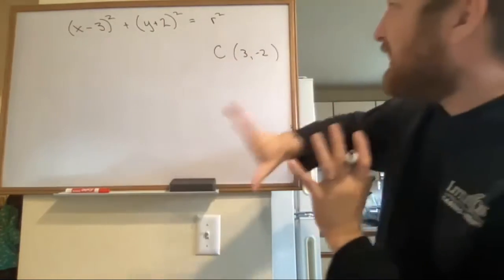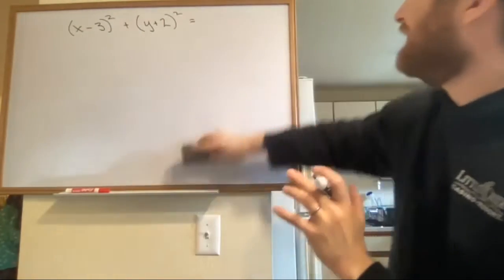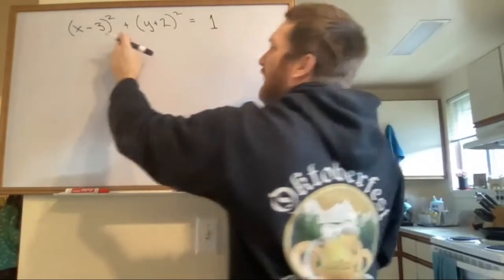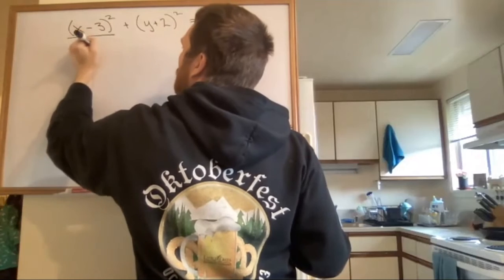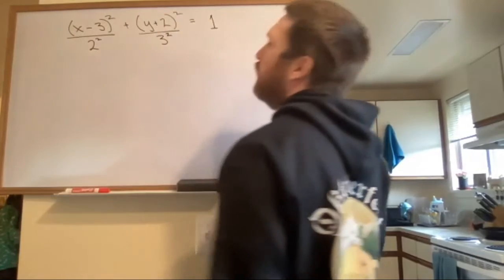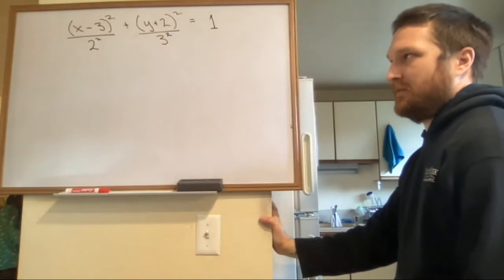And so the same thing is true here when we have an ellipse. The difference is this is always equal to 1. And then whatever's down here can be variable. So let's say it's 2 squared and 3 squared, and we wanted to graph this guy.